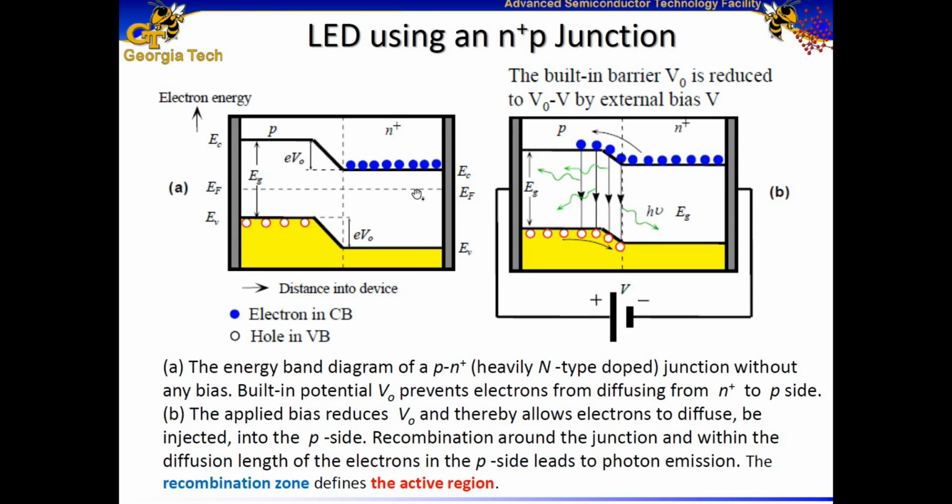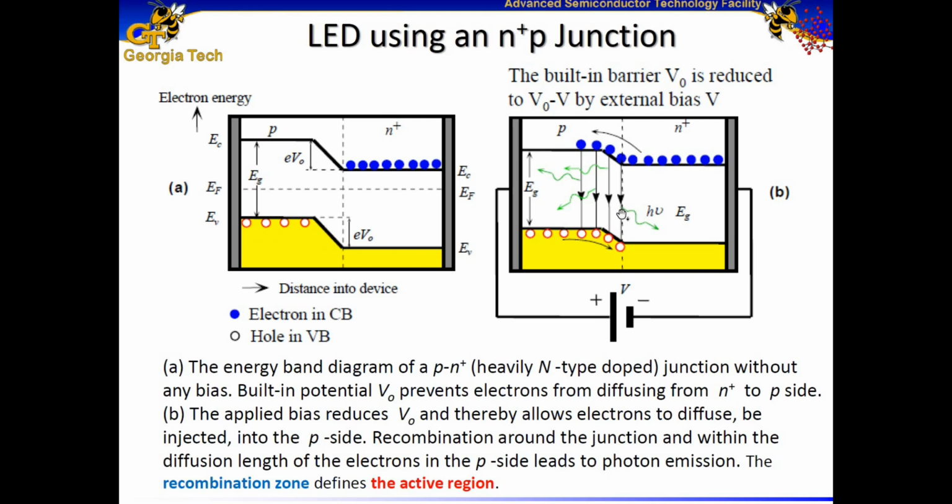Here is a PN junction under thermal equilibrium. Under thermal equilibrium, we know that there is a barrier for carriers to cross over. There is a built-in potential barrier, so electrons cannot cross this barrier to flow to the p-side layer, and similarly there is a barrier for holes to cross to the n-type layer.